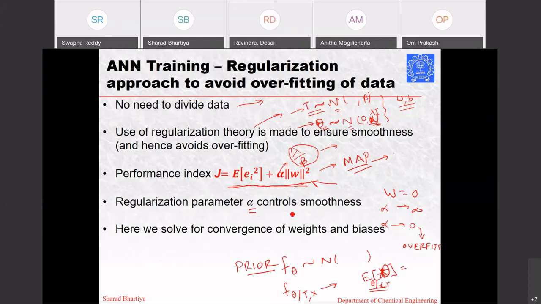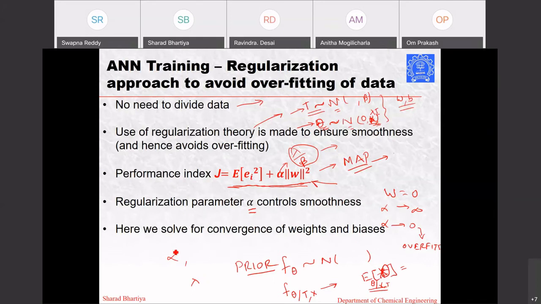Now you'll see that there is a new aspect, and that is that I have all these new parameters coming into play, which I have to now choose. I have to choose the regularization parameter alpha, or if you were doing it in a Bayesian setting, you would need to find out the variance of your weight prior, lambda, and so on.